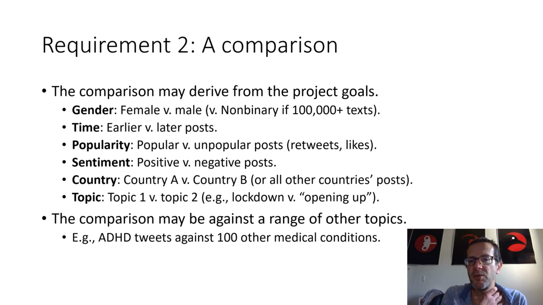The 100 other medical conditions form a kind of baseline, what people tweet about for medical conditions, to compare the ADHD tweets, so you can see what's distinctive about tweeting about ADHD compared to other conditions. So this is a comparison that's not really a comparison. It's how is this topic distinctive from the average of other topics, essentially.